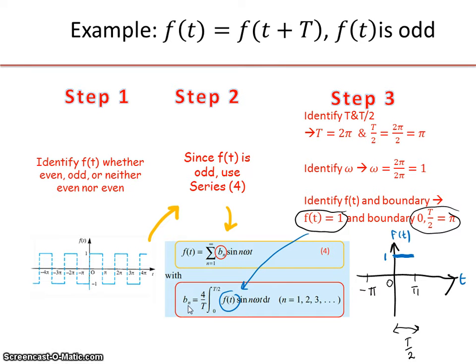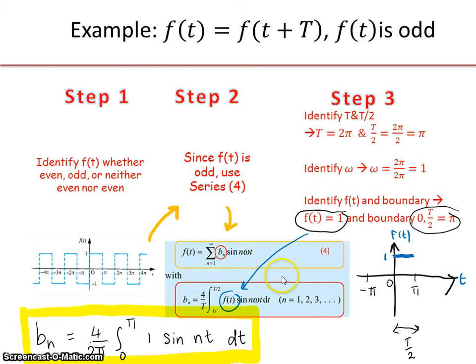Unlike the general formula of Bn for the general Fourier series expansion, where we need to identify the Bn based on the boundary from D to D plus T, it is not the case for this Bn. So we only consider the Bn for the formula of the odd function here, based on the boundary from 0 to T over 2 only. And from there we will get the Bn.